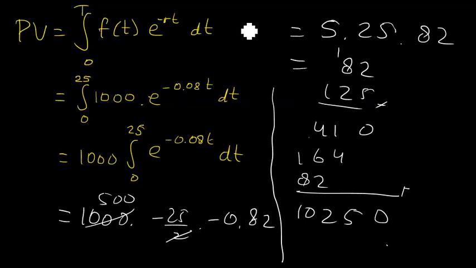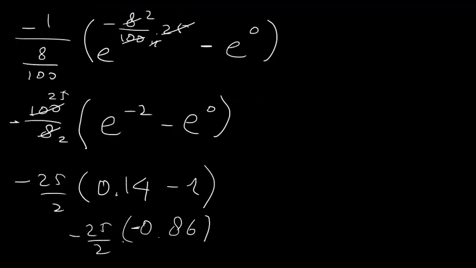So that's the PV. We got the PV over here. All right, so now let's continue. The future value is the present value times e to the power of rt.